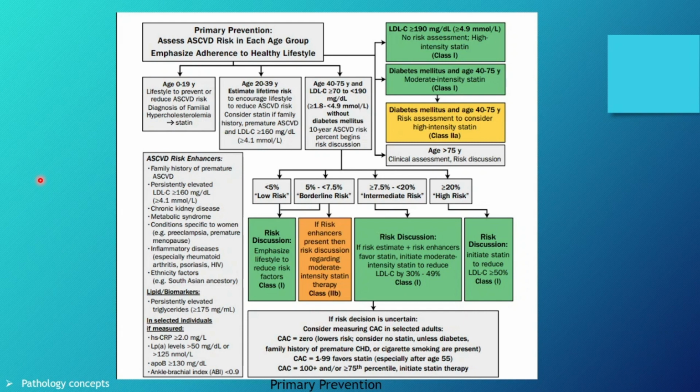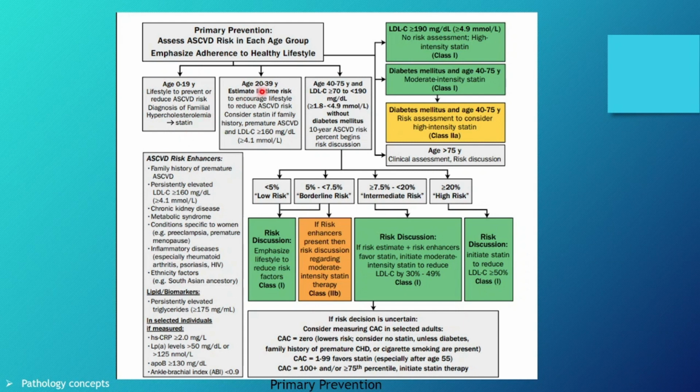It is atherosclerotic cardiovascular disease risk. This risk calculation can be done by using an online calculator that is freely available. First we see age 0 to 19 years. Lifestyle modification is very important for this age group, and if the diagnosis of familial hypercholesterolemia is confirmed, then statin therapy should be started.